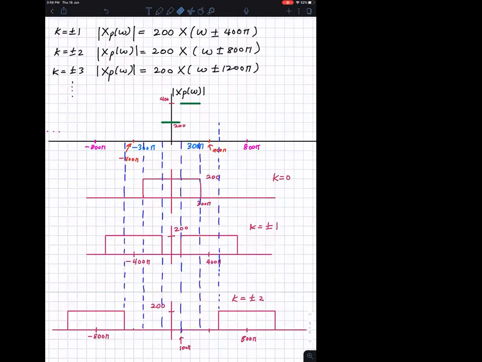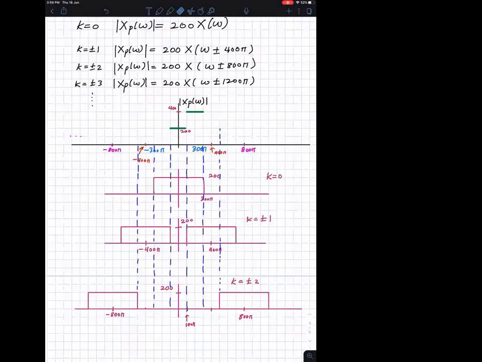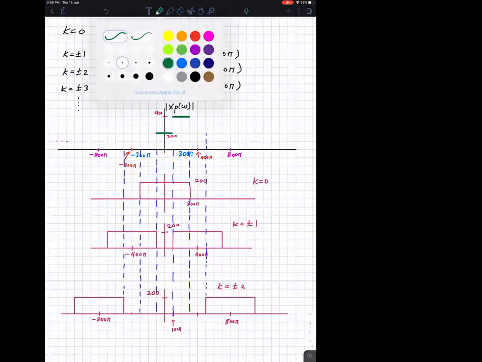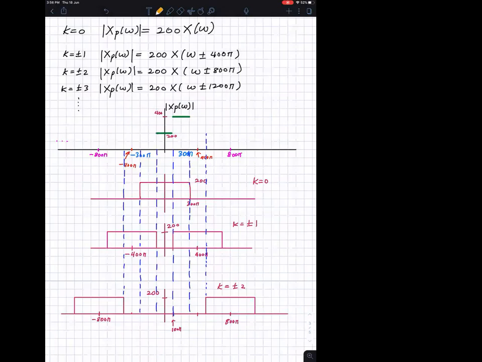Okay, now you look at the next one. You're already done with this zone. Now you just look at this zone.